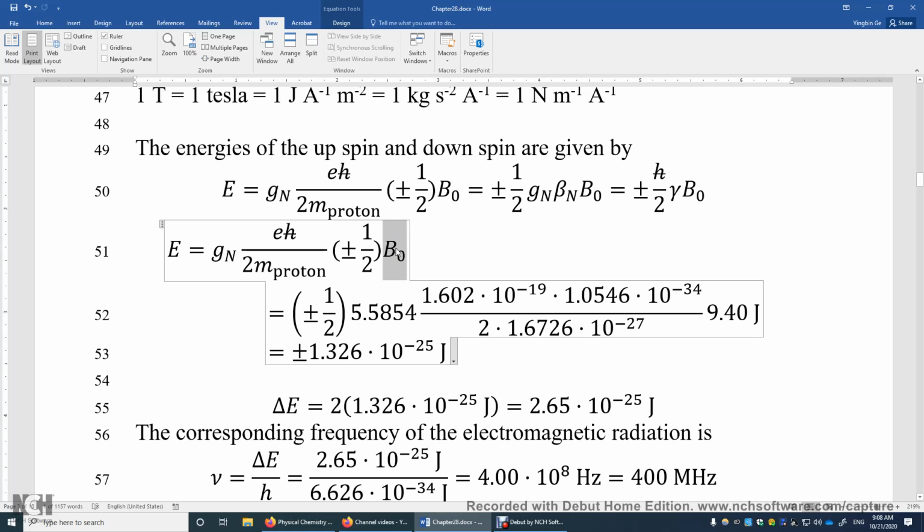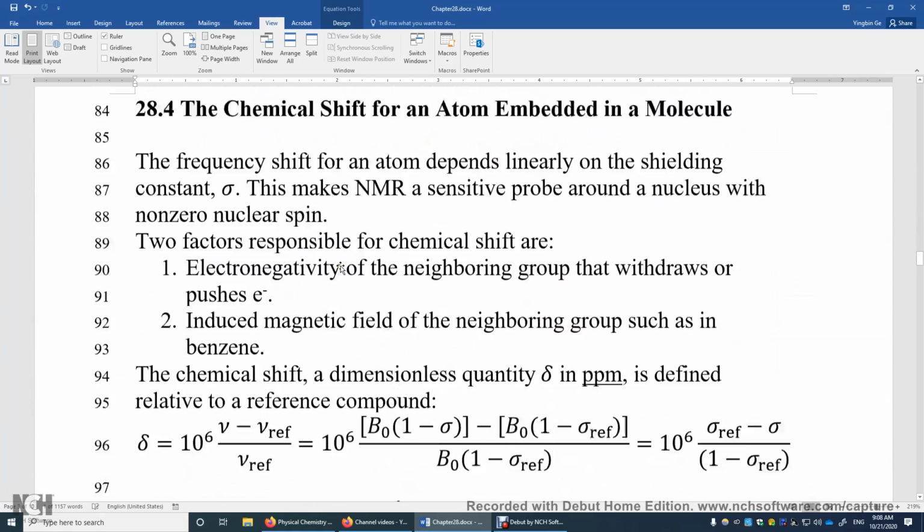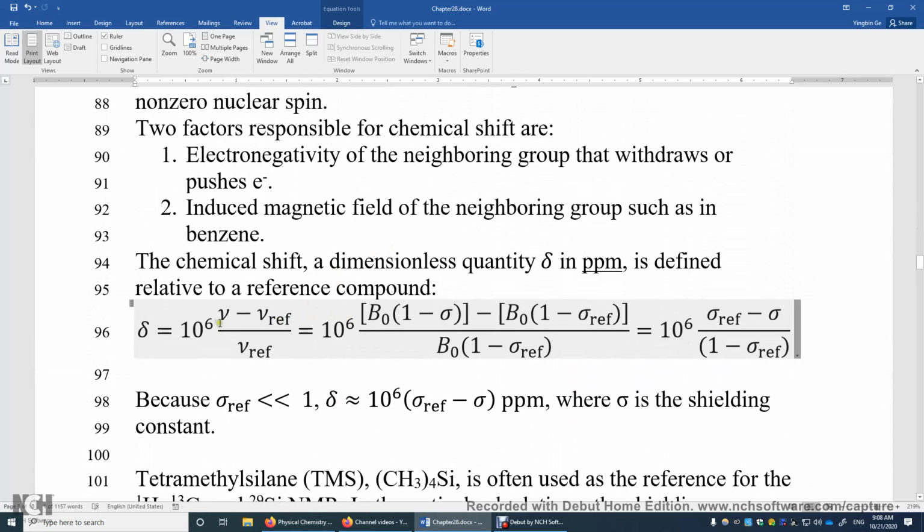Sigma is the shielding constant. So that means this nu is proportional to B naught minus the induced magnetic field. So this frequency is proportional to B naught times 1 minus sigma for the organic molecule of interest, and this reference nu is B naught times 1 minus sigma reference. This is for the hydrogen nuclei in TMS.